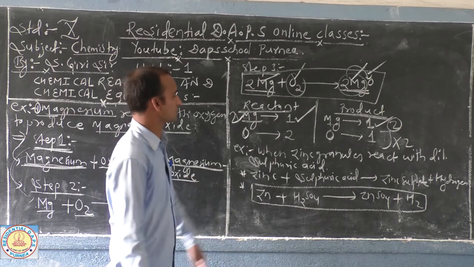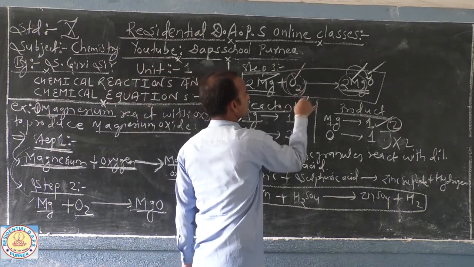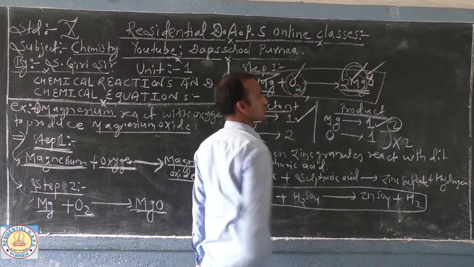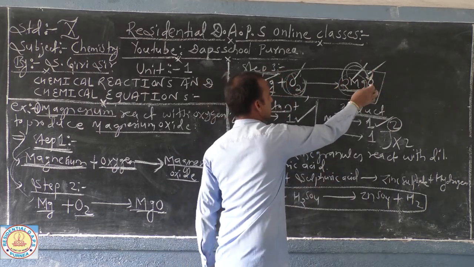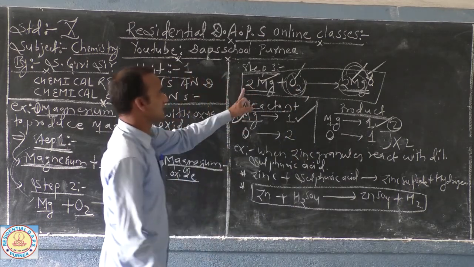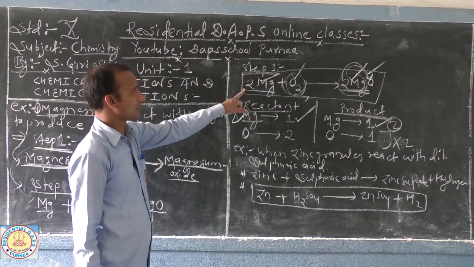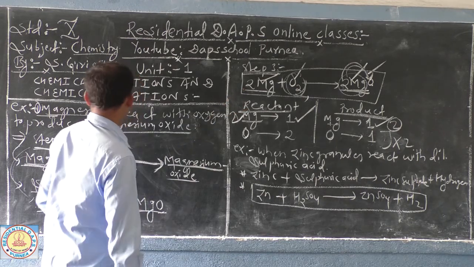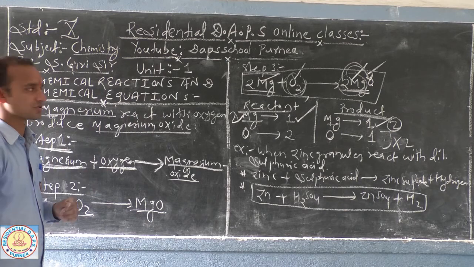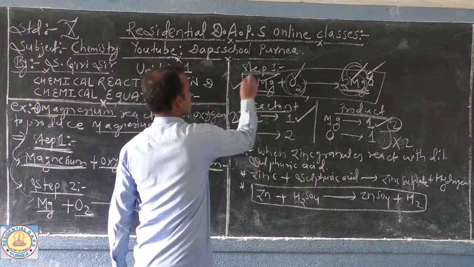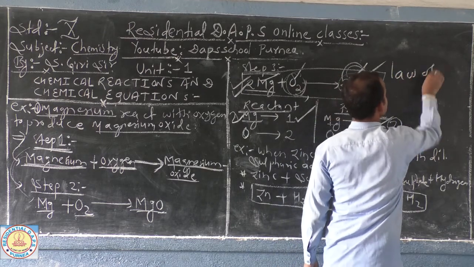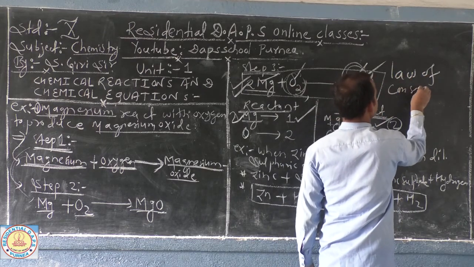For magnesium it is balanced. Now oxygen: 2 oxygen atoms, and 2 O on this side, so 2 oxygen atoms equal 2 oxygen atoms on both sides. Now this is the well balanced chemical equation for the reaction of magnesium ribbon with oxygen. So you have to always do it in this way, satisfying the law of conservation of mass.